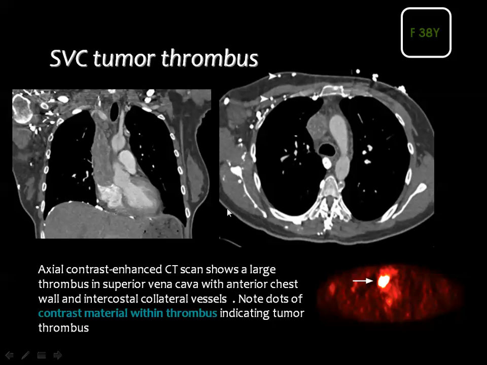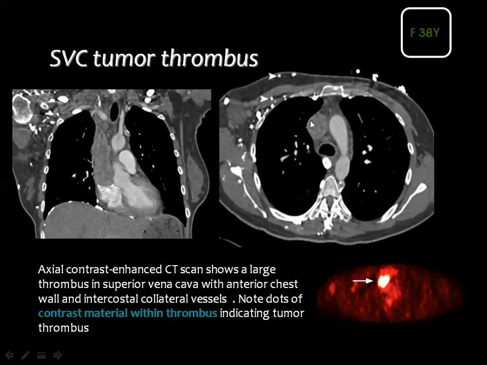One of the ways is that the tumor thrombus will expand the vein or the vena cava. The tumor thrombus will enhance with contrast material, and also it will show metabolic activity on the metabolic imaging techniques. And this is a tumor thrombus.